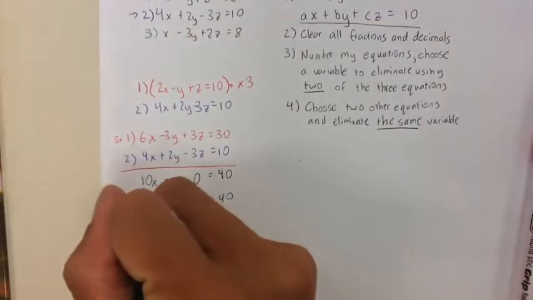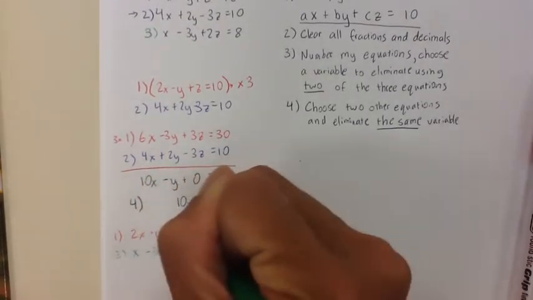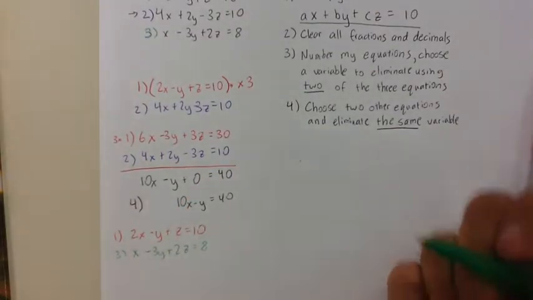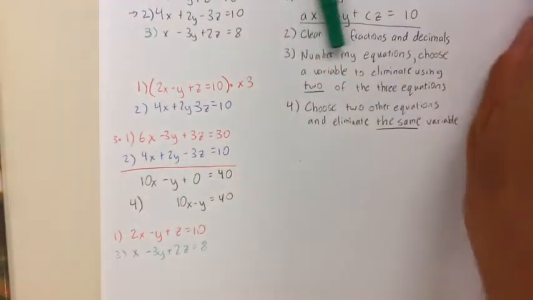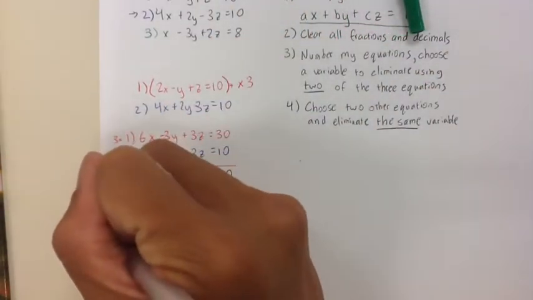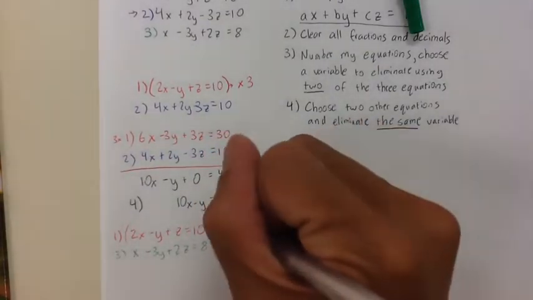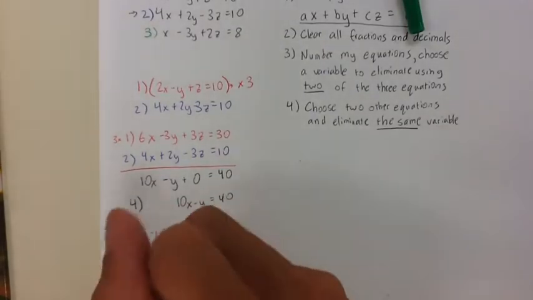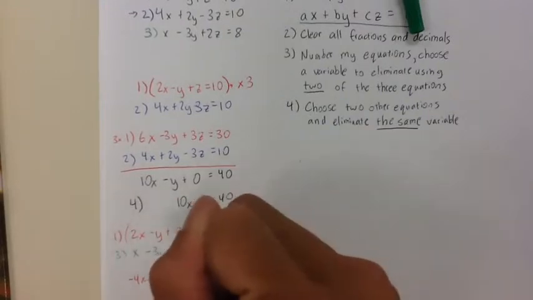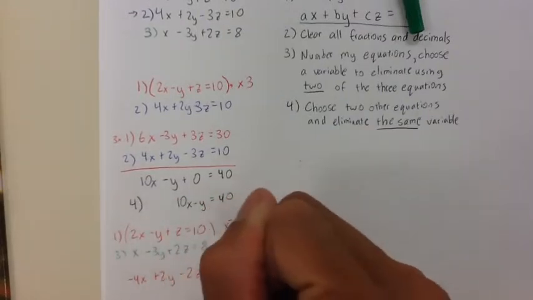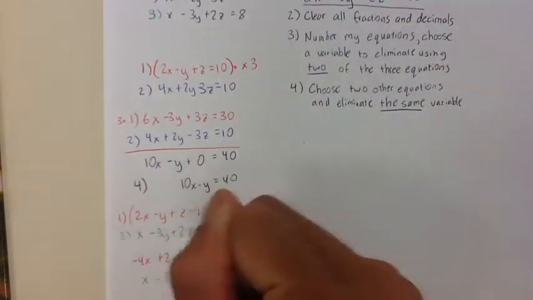And if I use equation number 3, that was x minus 3y plus 2z equals 8. I eliminated z here, so I also want to eliminate z here, which means I have to multiply this whole equation by a 2 to get those to match, or a negative 2. That way I can add. So multiplying by a negative 2 gives me a negative 4x plus 2y minus 2z equals negative 20. And this equation is going to stay the same.